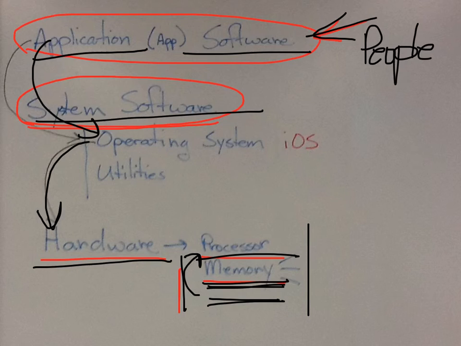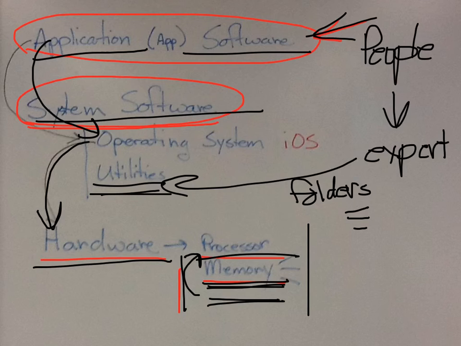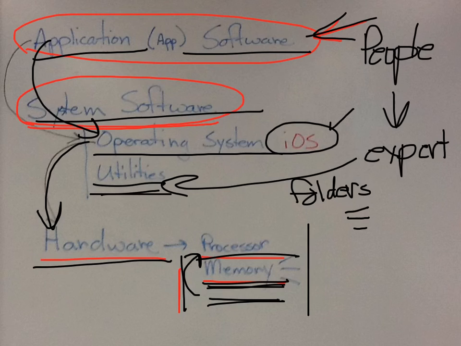Now, if a person is more of an expert, like everybody in this class is becoming a little more of an expert, they know how to deal with utilities, like creating folders, and even though that seems pretty easy, being able to move files around, knowing where your files are, that's a start of being a little more of an expert. Or understanding that you have different operating systems. And we'll talk about upgrading operating systems later on.